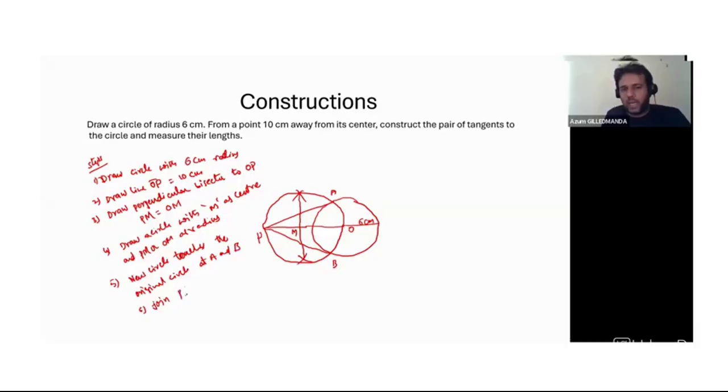Join PA and PB. These are the tangents. That's all, simple. If you can write up to this, then you will get full marks.